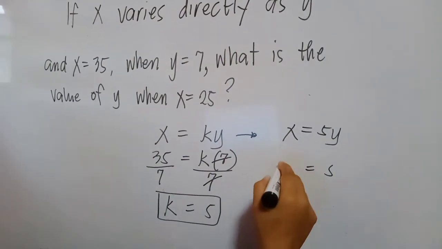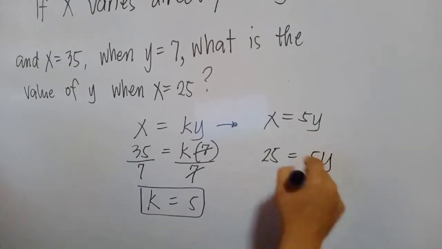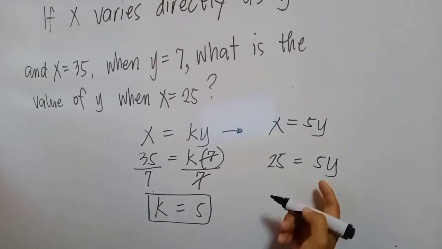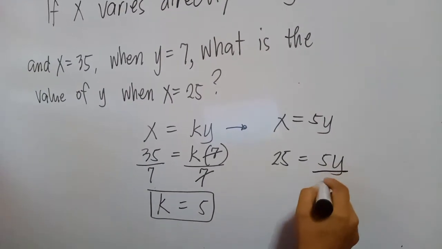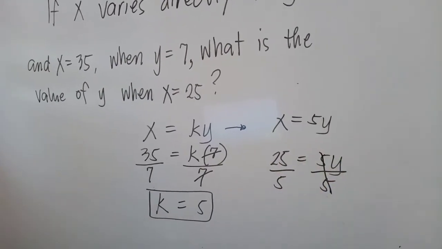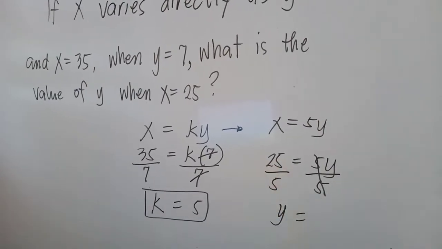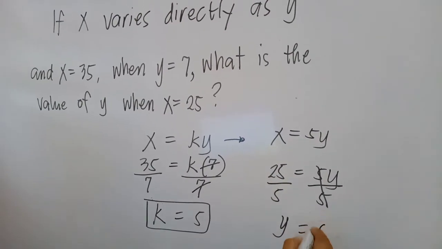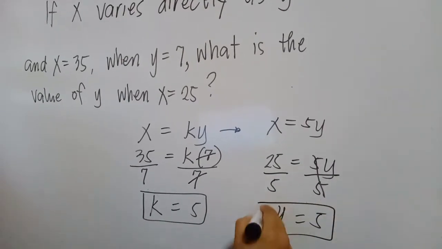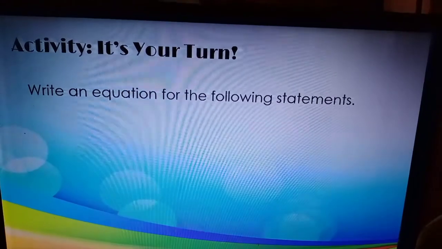So we have 25 is equal to 5y. For us to get the value of y, simply divide both sides by 5. So 5 divided by 5 is 1, and y is equal to 25 divided by 5, which is 5. So problem solved. We have an activity here, so it's your turn.